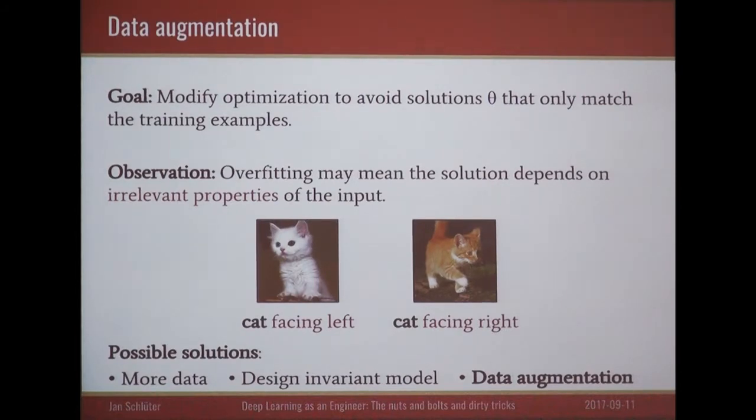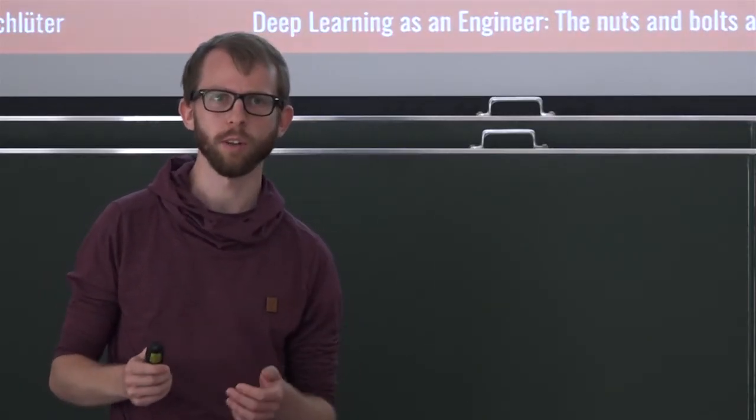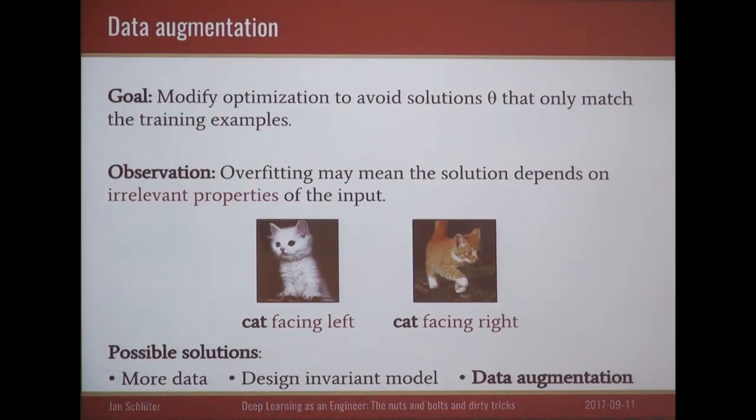And then another observation is maybe sometimes in order to learn training examples by heart, the solution will use some properties of the input that we know are not relevant for the task we want to solve. So for example, for object detection, if we just want to detect whether there's a cat in the picture or a dog or whatever, we don't care whether the cat is facing to the left or to the right or looking upwards or downwards.